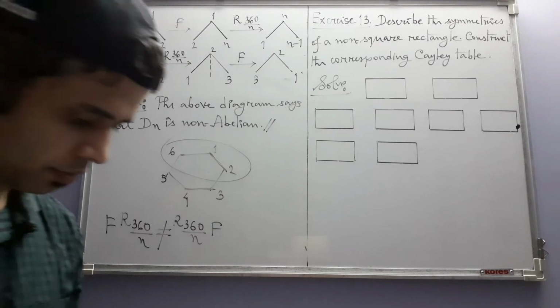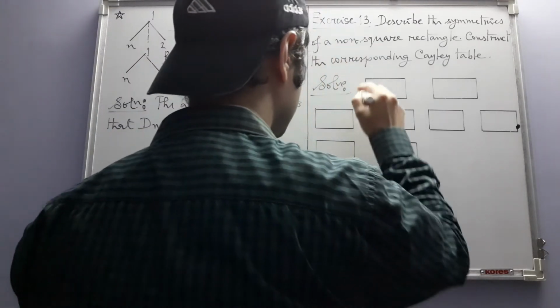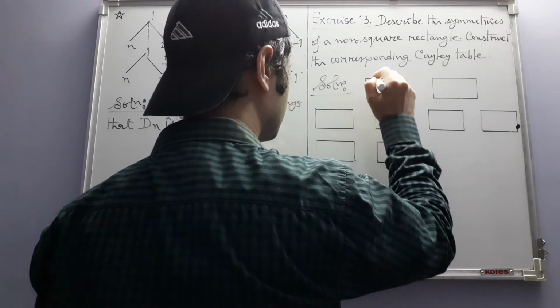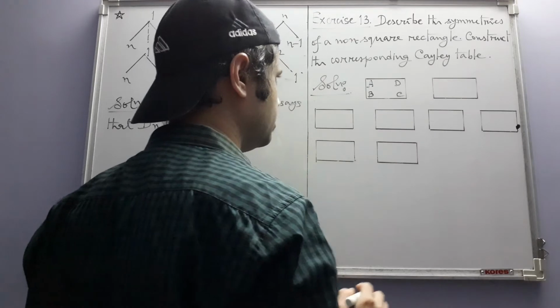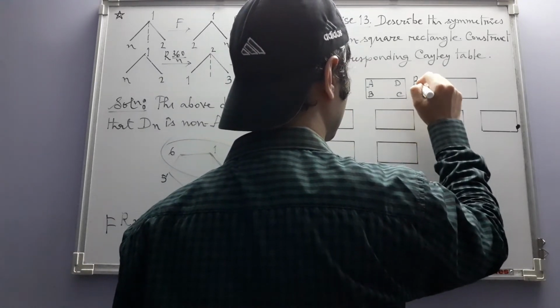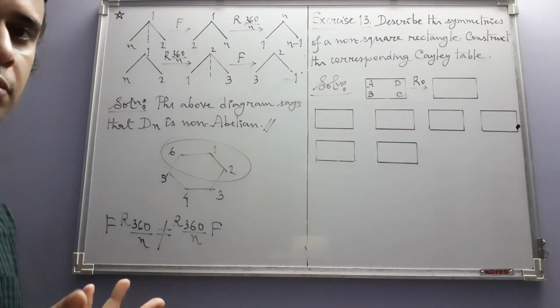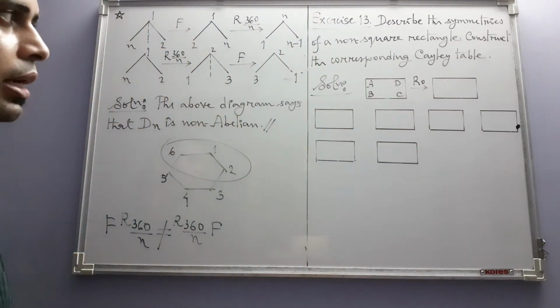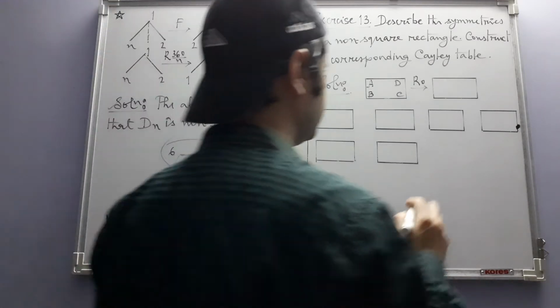Okay, now let's name the vertices A, B, C, D. So the first operation is R naught, which you by now know is a rotation through an angle 0 degree in the counterclockwise direction. So it does not change anything.